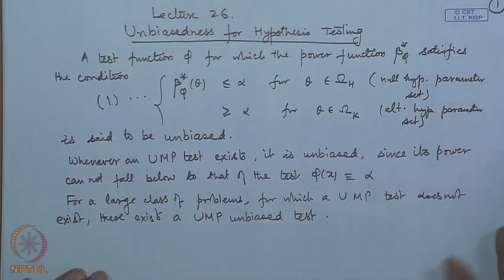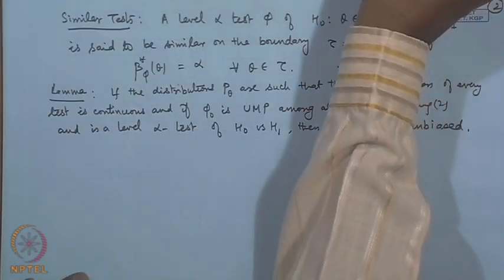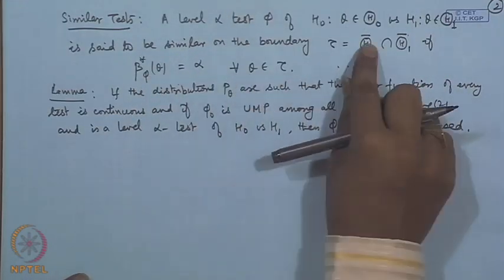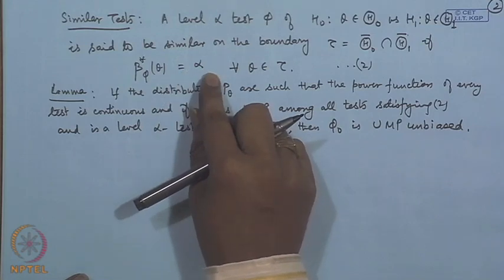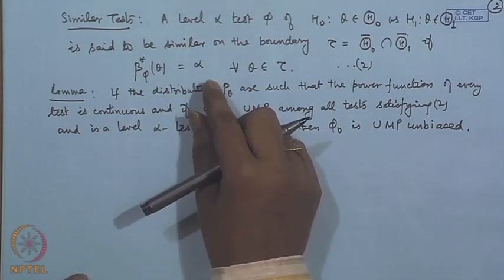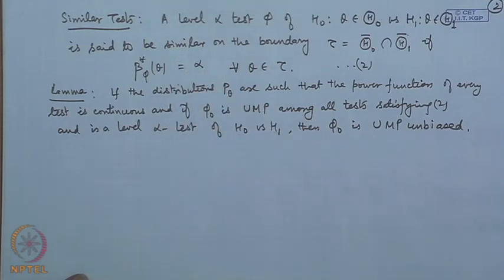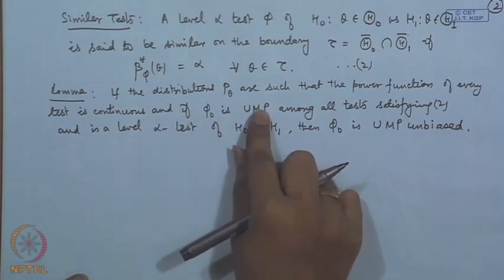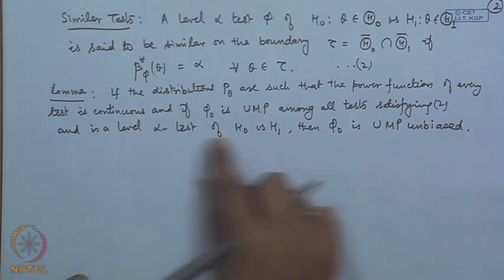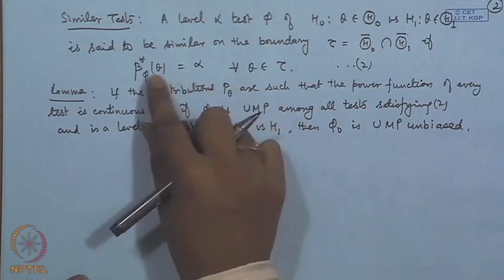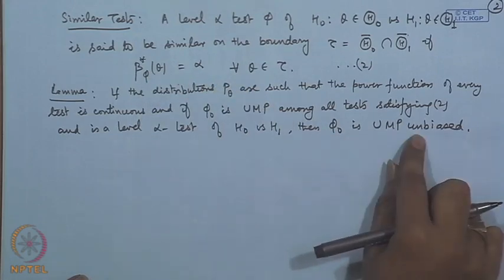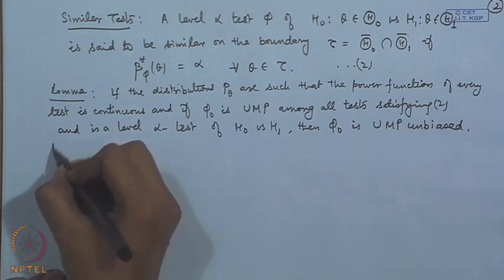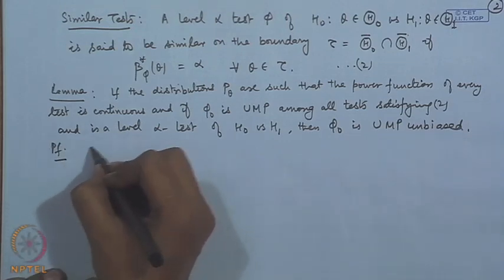In order to achieve this, we are imposing a condition of continuity on the test function and a similarity condition, that is, on the boundary the value alpha should be achieved. So, then what we are saying is that if a UMP test is a similar test, then certainly it will be UMP unbiased. Let us look at the proof of this, which is quite simple.